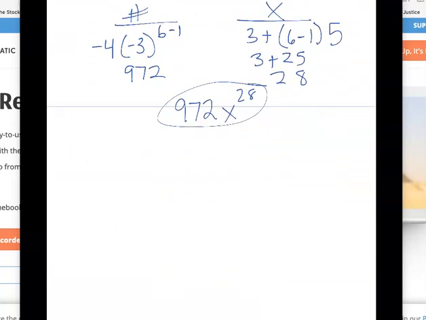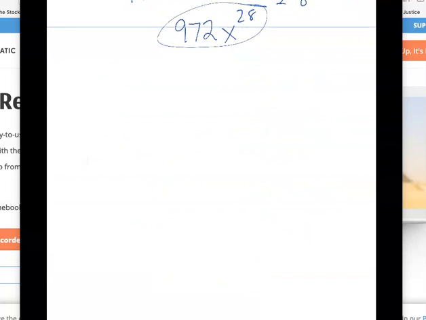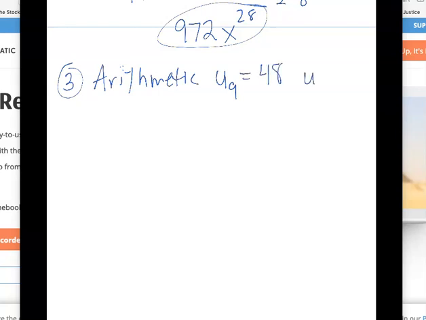Now, we're going to take a look at just a couple more here to see how we can figure out some other stuff. So let's say in an arithmetic sequence, the 9th term, u sub 9, is 48, and u sub 12 is 75.